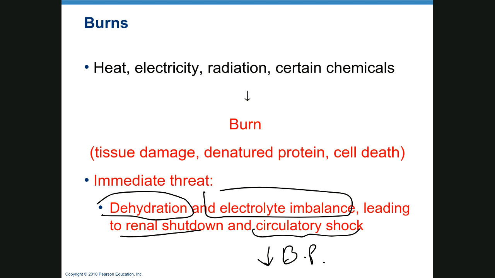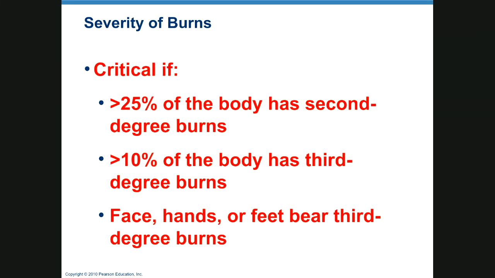So those are the dangers of a critical burn. And you should know that information. You should be able to describe first, second, or third degree burns. When are they critical? And what is so critical about a burn, the danger of a burn?